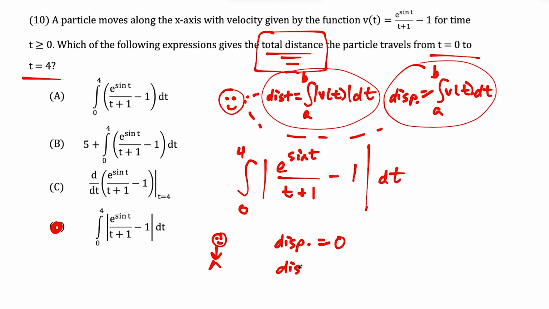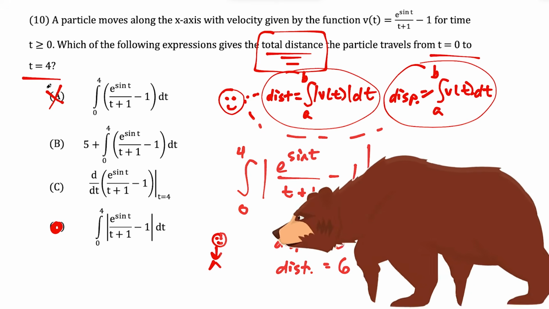But the distance, if he went 3 steps forward and 3 steps back, would be 6 steps. That's the difference between displacement and distance. Distance is always greater than or equal to displacement, because we count backwards movement as total distance traveled. So that's why it's choice D and not choice A. Choice A is a very dangerous trap.